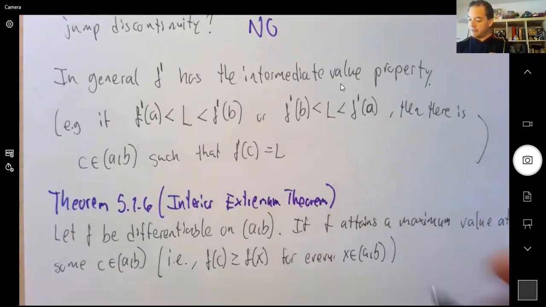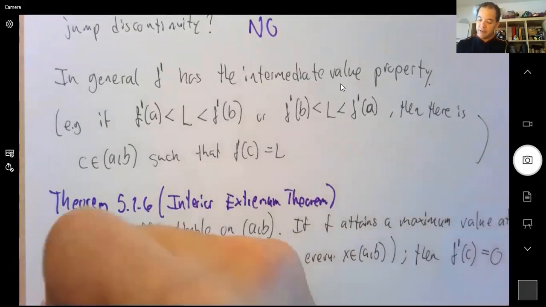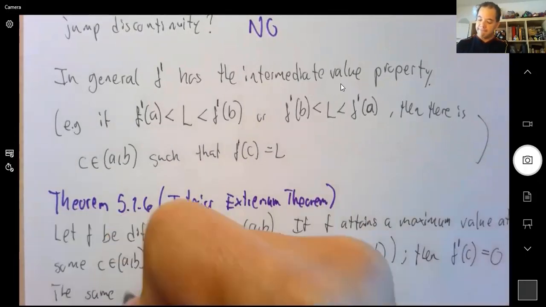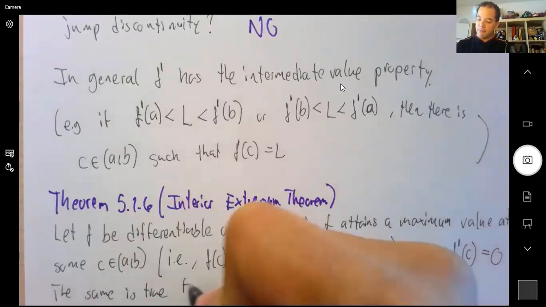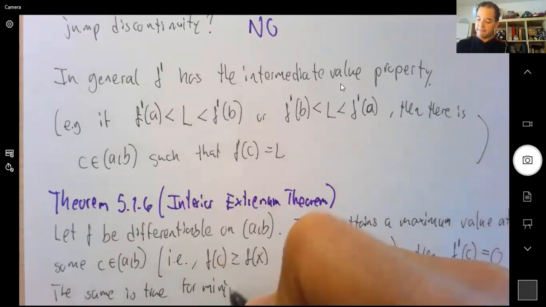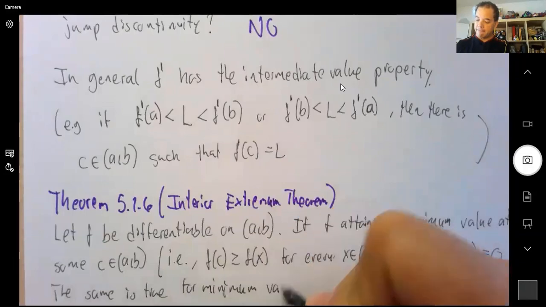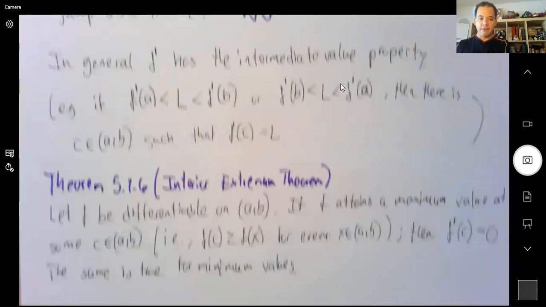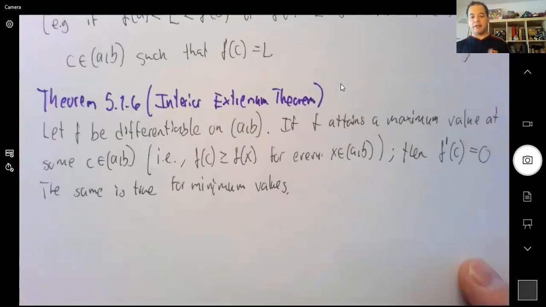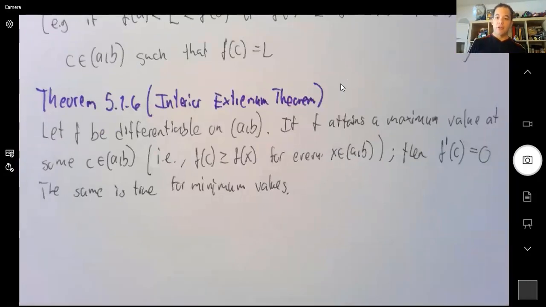If that happens, the derivative at C equals 0. And the same is true for minimum values. So this is the classical theorem you used in your first semester of calculus to find maximums or minimums.